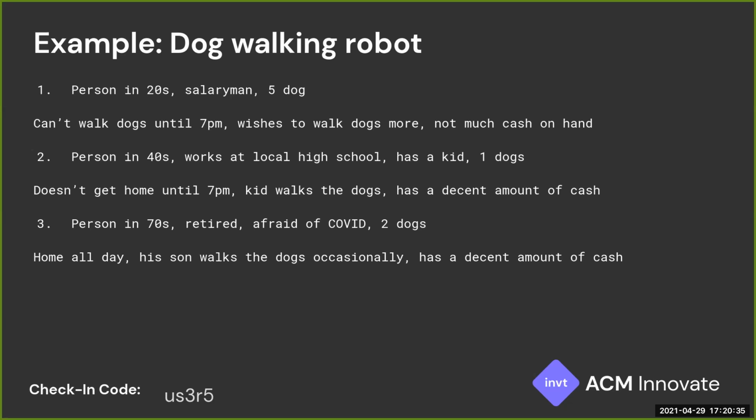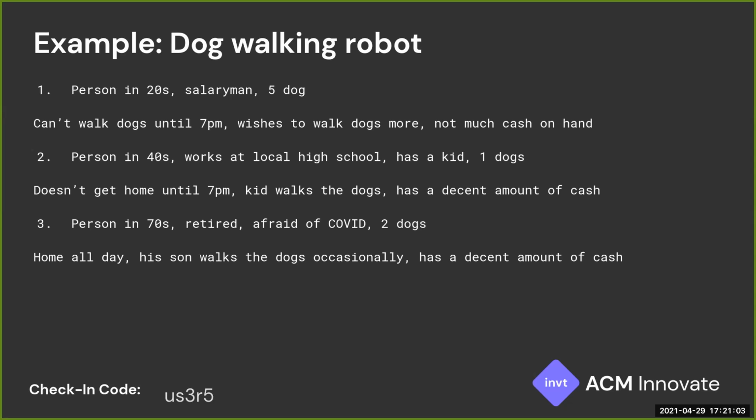And now one more user I'll go through is a bit of a more elderly person, retired, and one of their biggest concerns is they don't want to go out and walk the dog as much just due to that fear of COVID. Maybe let's just say that. And they have 2 dogs. So they're home all day. So they could walk the dog, but they're not able to.